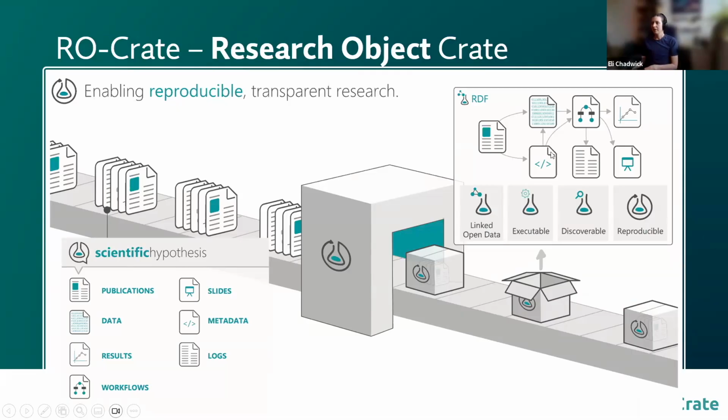And this allows you to say, okay, this paper was written by these people and they used these workflows with this data and got these outputs. And you can link all those things together, even if they are published in different locations. And that makes all the research, ideally, more executable, more discoverable, and more reproducible.